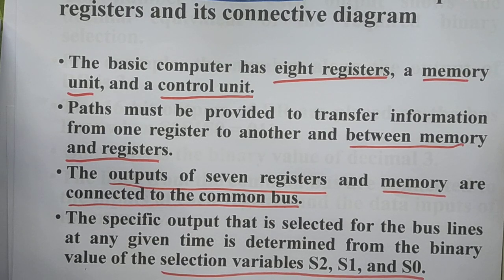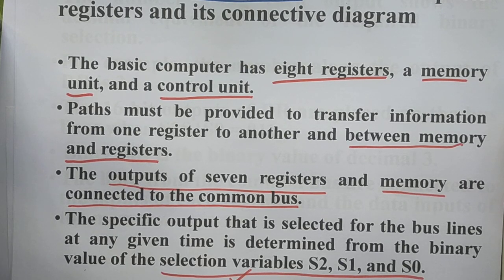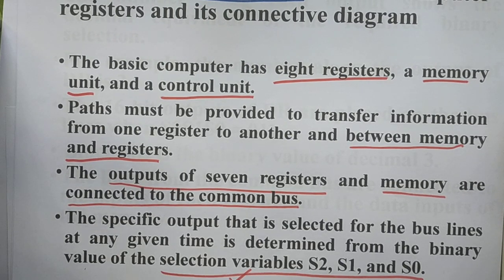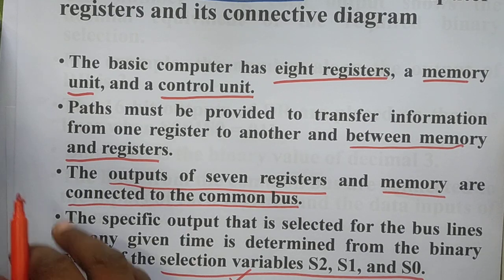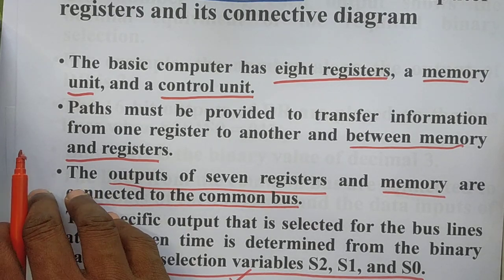These selection variables are very important to identify particular registers or memory whenever data transfers from an individual register to the common bus, or is received from the common bus to individual registers, or between memory and register or register to memory for the different operations.